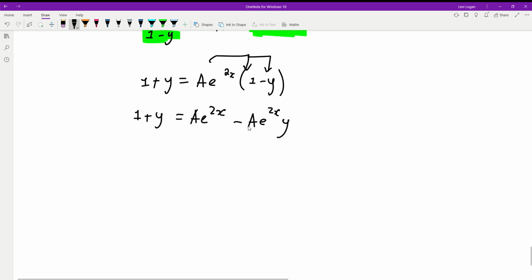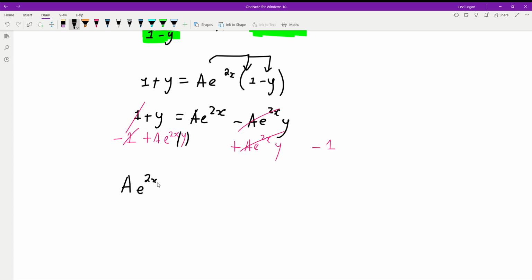Then I can put all my y's together, so I'm going to plus this term to both sides so I can get the y's on the left hand side for now, and then while I'm at it, I'll just minus 1 from both sides to get rid of that guy there. So if I do that all correctly, I get that y is meant to be not in the power, so it's just going to be a e to the 2x y plus y equals a e to the 2x minus 1.